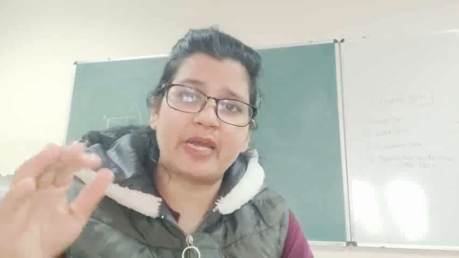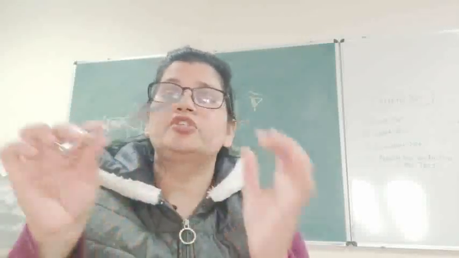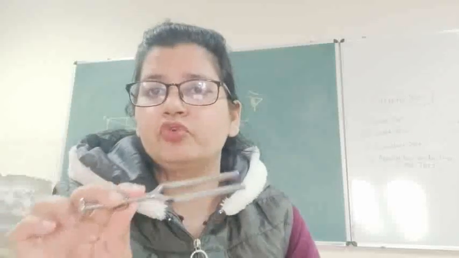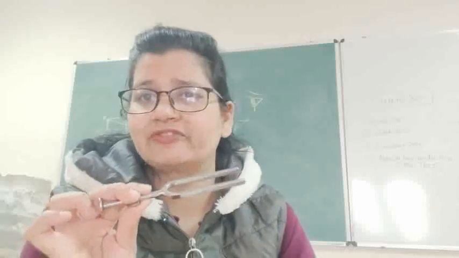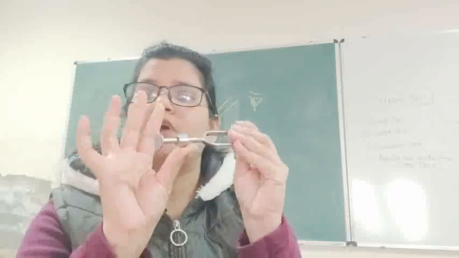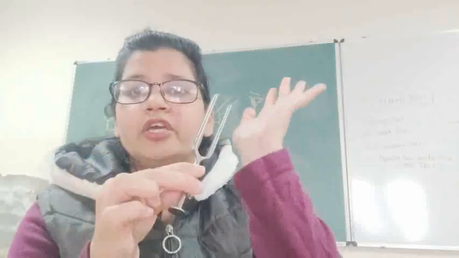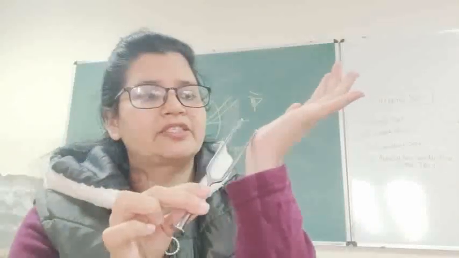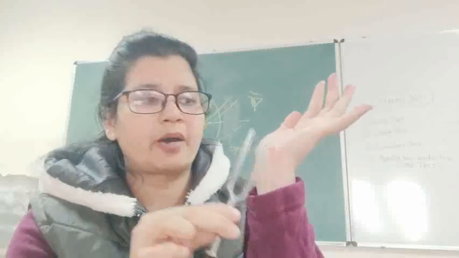So the first test is Rinne's test of hearing, in which unilaterally we have to assess whether air conduction is better or bone conduction is better. You'll use a tuning fork of 256 Hz or 512 Hz frequency, not lesser than that. You hold it from the stem, and vibrate the prongs by striking them on the bony surface of the palm like this.